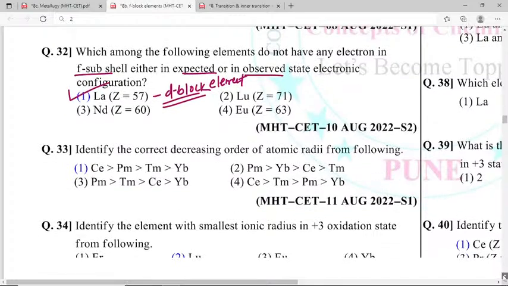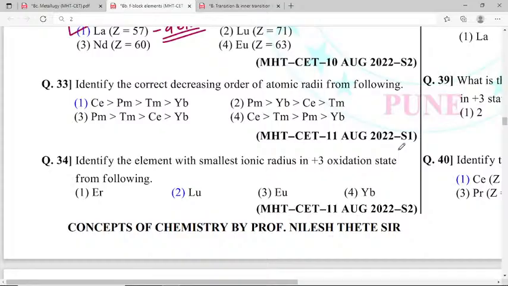Identify the correct decreasing order of atomic radii from the following. Lanthanoid contraction. Because of decreasing order, lanthanoid contraction. Left to right, atomic size decreases. Identify the element with the smallest ionic radii in +3 oxidation state.